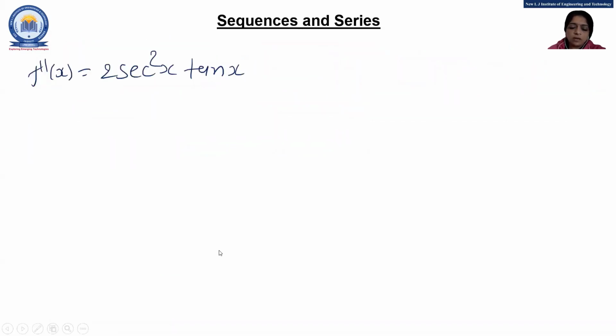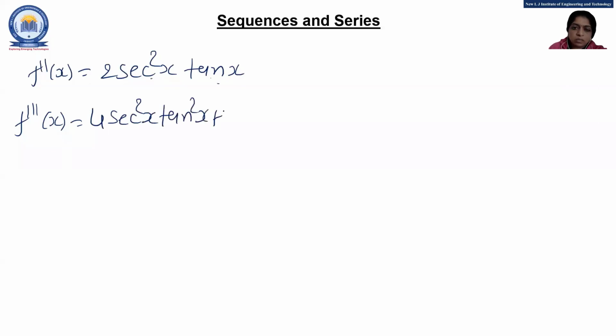Next, the third derivative, f triple dash x. Here we have to apply the u into v rule, so by applying it, the final solution is 4 sec square x tan square x plus 2 sec raised to 4 x.